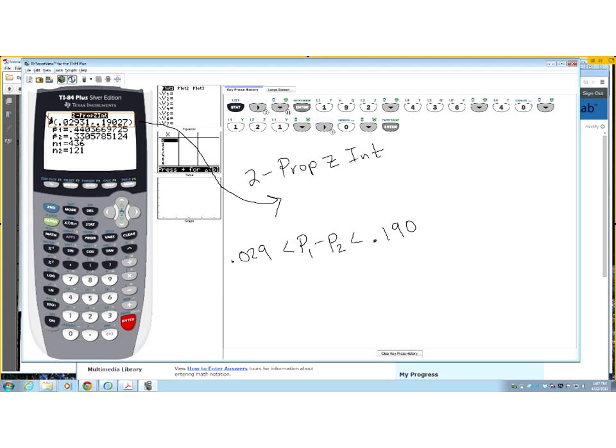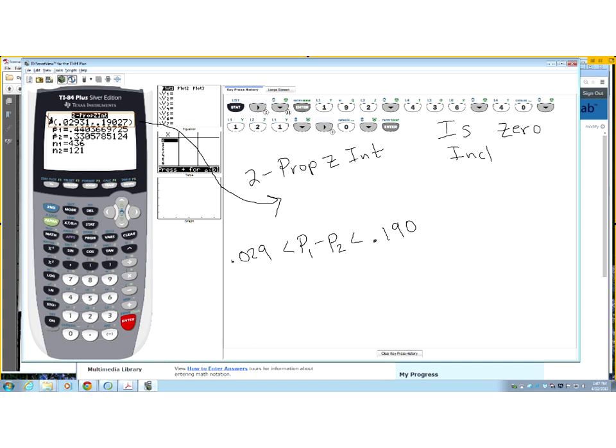Do workers and bosses have the same attitude when it comes to checking employee email, or do their attitudes differ? Those are the things that I'm looking for when I look at confidence intervals for the difference between two population proportions. So the question you're asking yourself is, is 0 included?